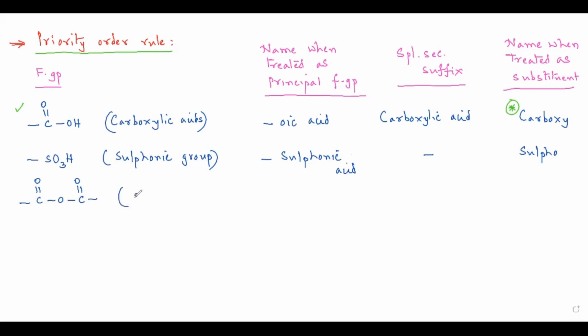See, these are called acid anhydrides. You will get all different functional groups here. Here we call it oic anhydride.